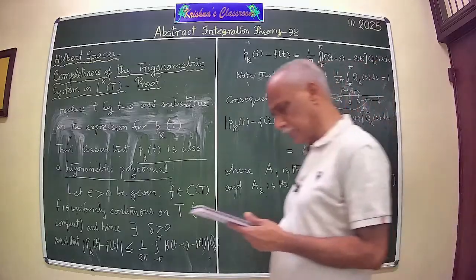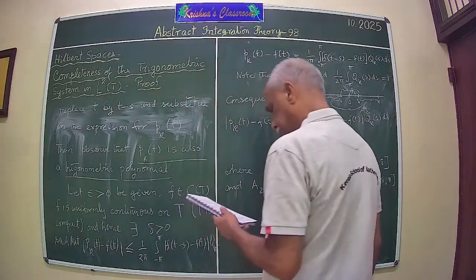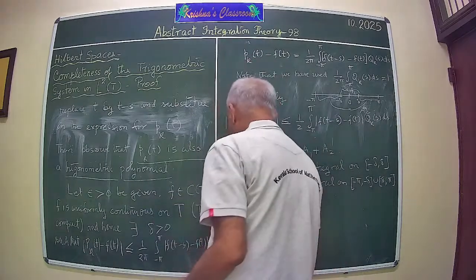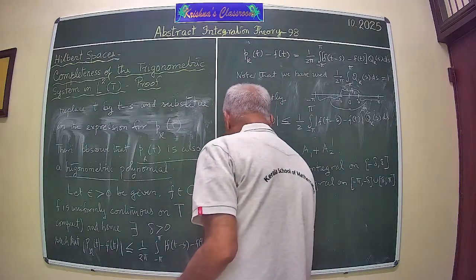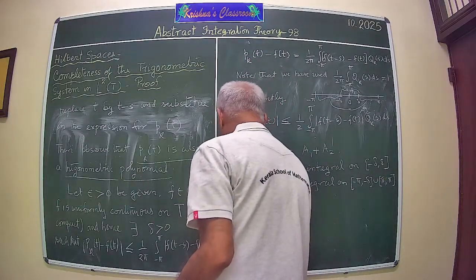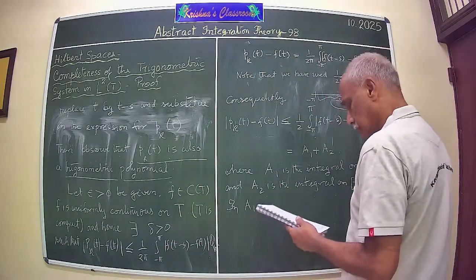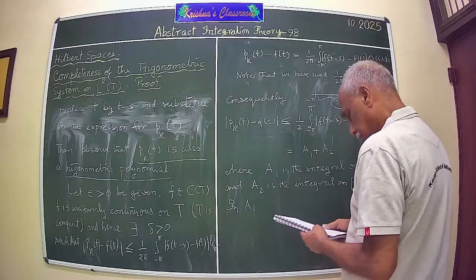So two integrals. Now, a1 is the integral over minus delta to plus delta. Therefore, mod t minus s is certainly less than delta.